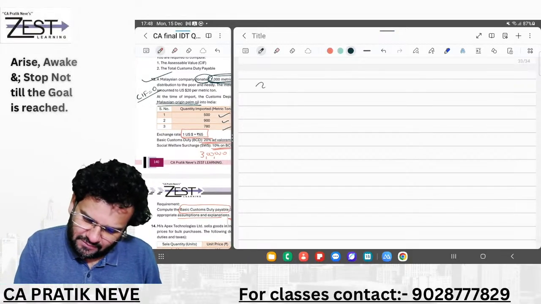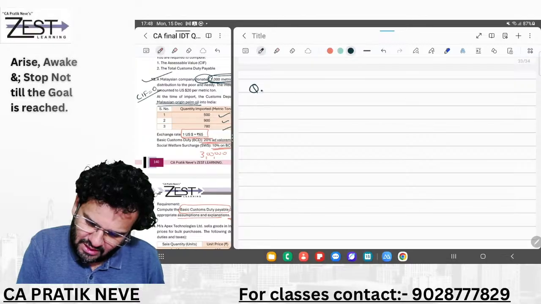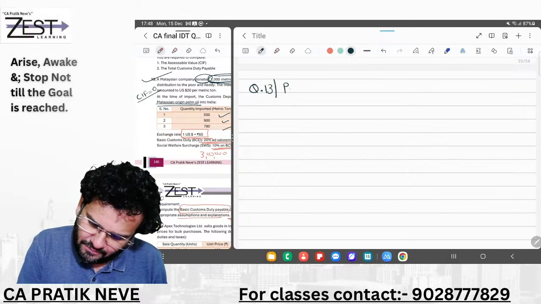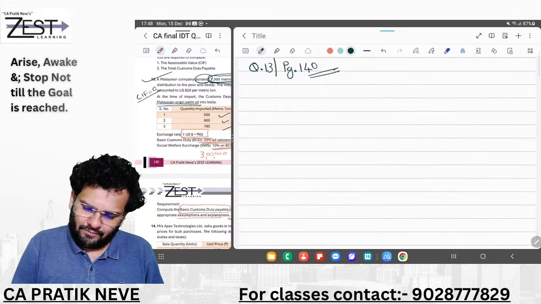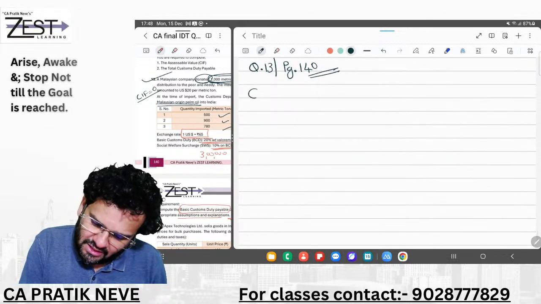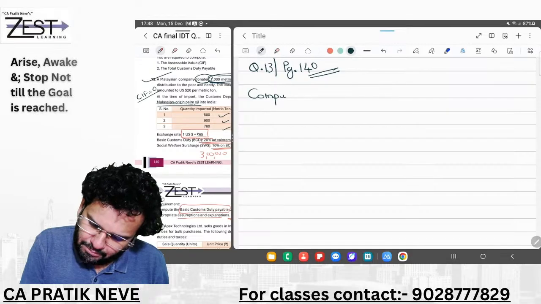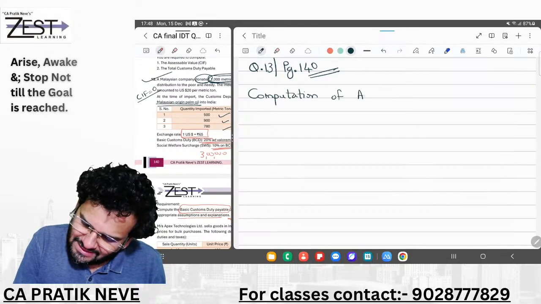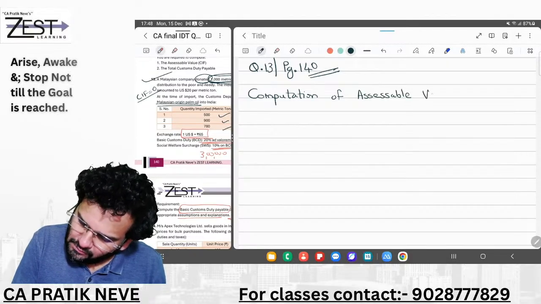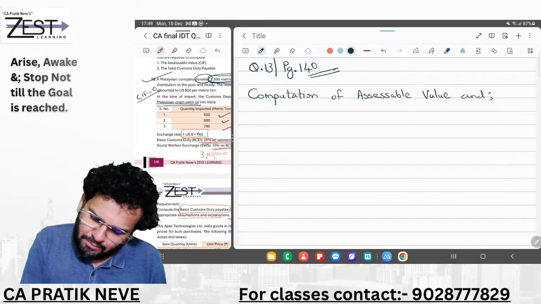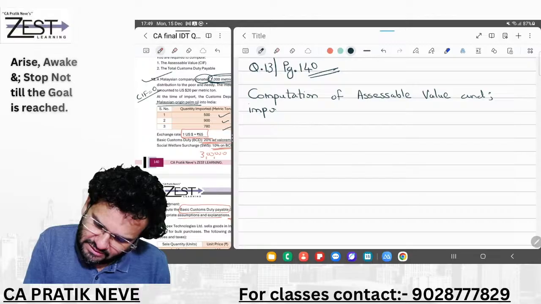So it is question 13, page 140. So what you will say here is computation of assessable value and import duty payable. Clear, no?